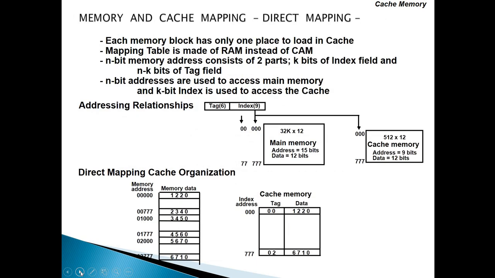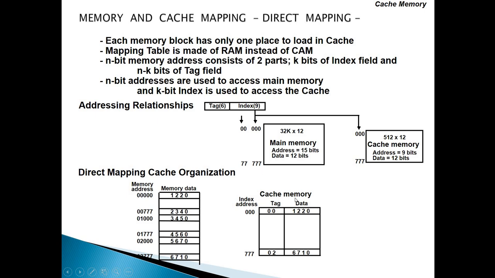Next, we'll see direct mapping. In direct mapping, the CPU provides the address bits which are in the argument register. This address is divided into two parts: the tag part and the index part. The index part is compared with the cache memory, but the tag will be stored within the cache memory.